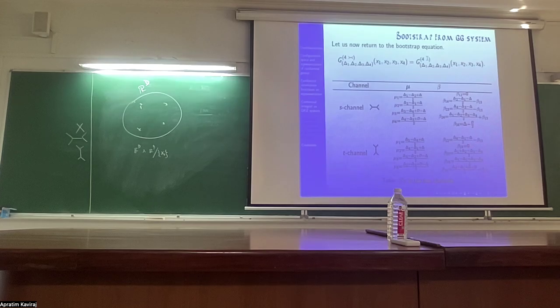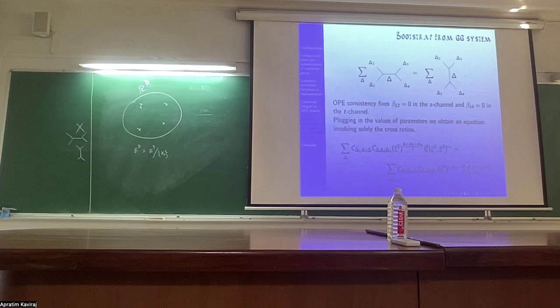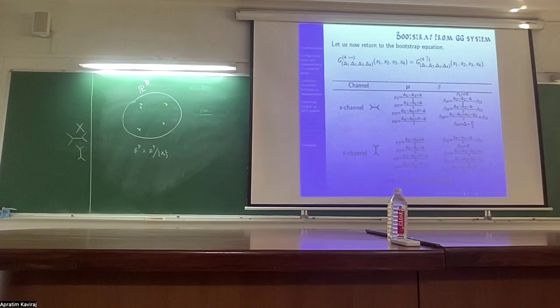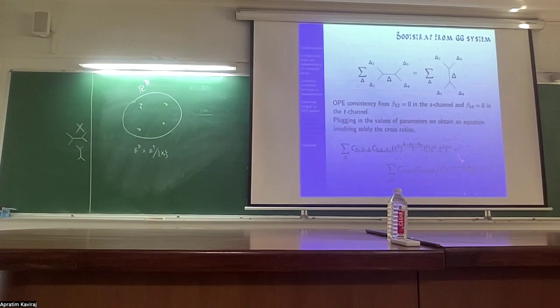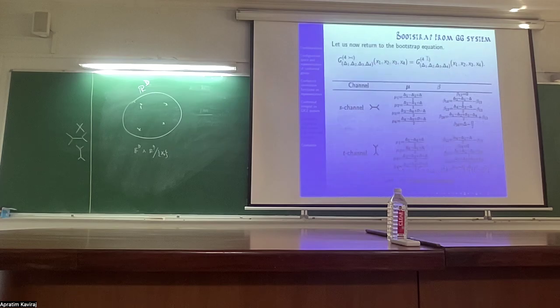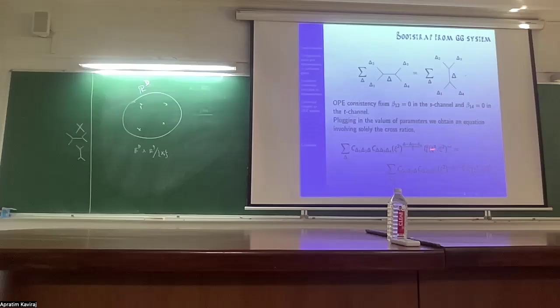So once I plug all this in, what we'll have is expressions of I0 from these integrals. I'll have I0s and then leg factors. You can multiply leg factors on both sides as long as the delta dependent parts are not touched. And basically rewrite the bootstrap equation only in terms of cross ratios. That's always possible.